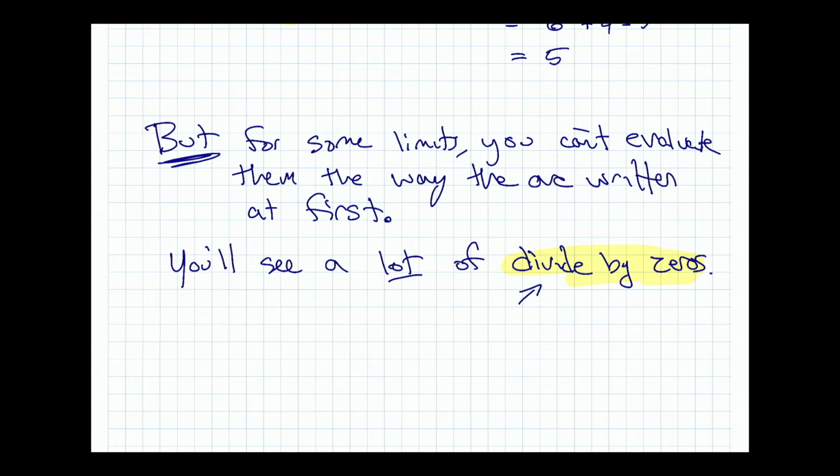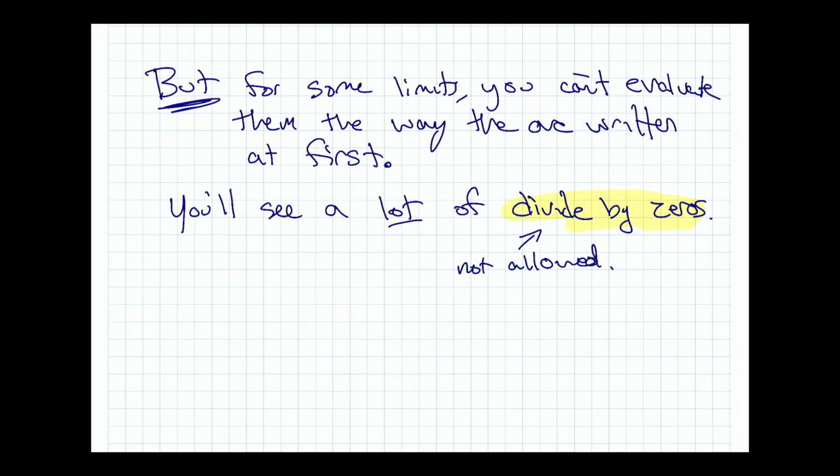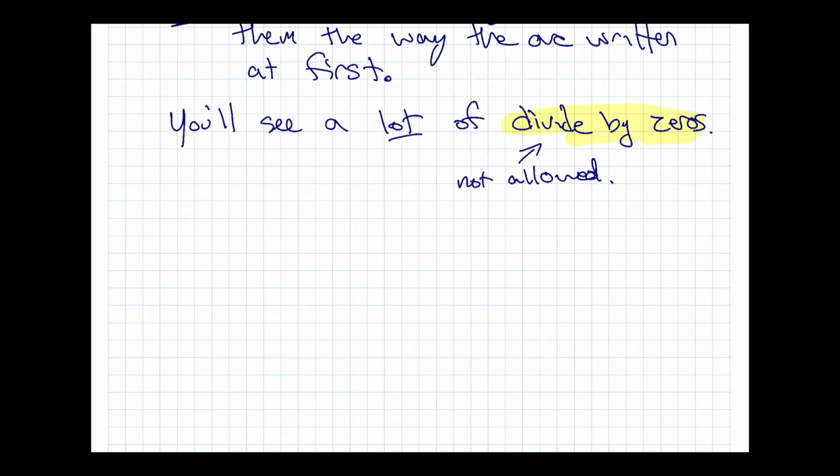That's not allowed. Okay? So I'm not really ready to get into all the types of limits this is going to occur in, but here are just a couple of the ones that you can't just evaluate the way that they are written. Examples. We're not going to solve these right now.